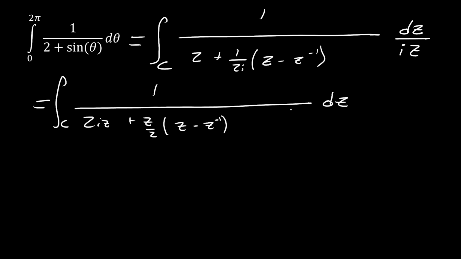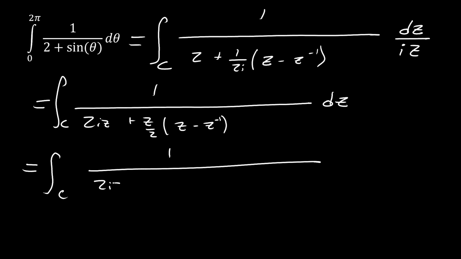And now we're going to simplify this further by distributing this z over 2 through. So we're going to get the integral over our contour, and then in our integrand, we're going to get a 2iz, that term remains unchanged, plus z squared over 2 minus 1/2 dz.